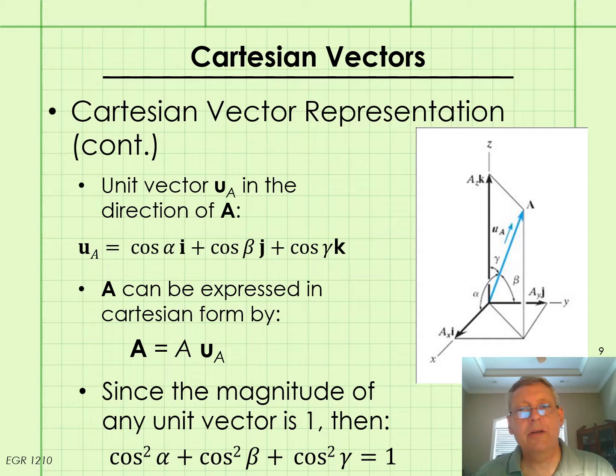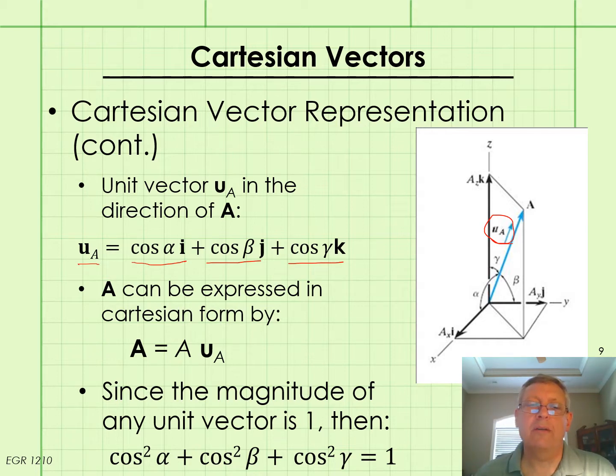With the direction cosines, we can define a unit vector in the direction of A that we'll call u sub A, where u sub A equals the cosine of alpha i plus the cosine of beta j plus the cosine of gamma k.